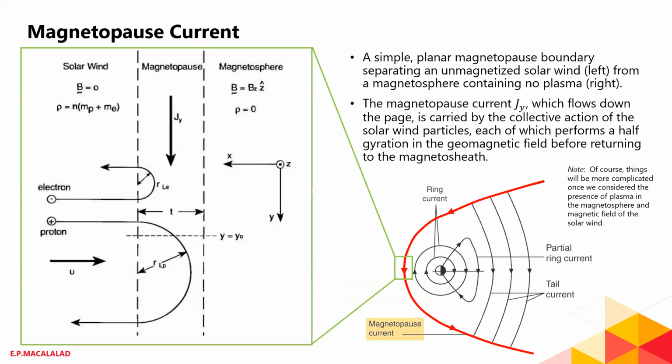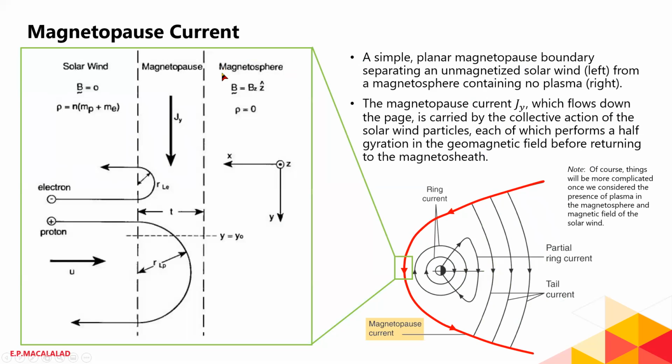Now let's go to the magnetopause current, specifically on the day side. Remember that your solar wind, let's say there's no complication in terms of the magnetic field. So let's say we have a magnetic-field-less solar wind. That means the electrons and protons carried by the solar wind go directly toward the Earth. The z direction here is the North Pole, this is the direction facing the sun, and this is the east.